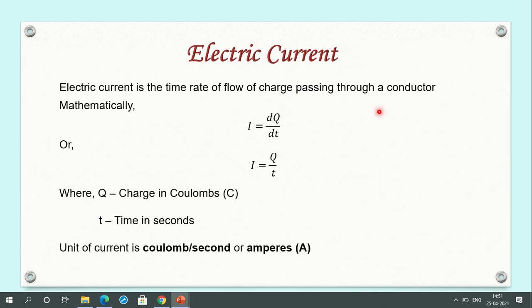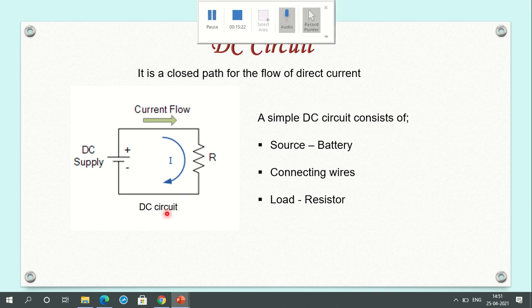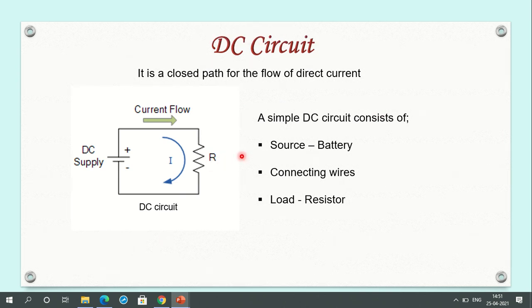We have already seen the diagram of a basic circuit. This is a simple circuit, and for current to flow in the circuit, there should be a source. So a particular property of this source by which current is flowing through the circuit is known as the electromotive force of this battery.